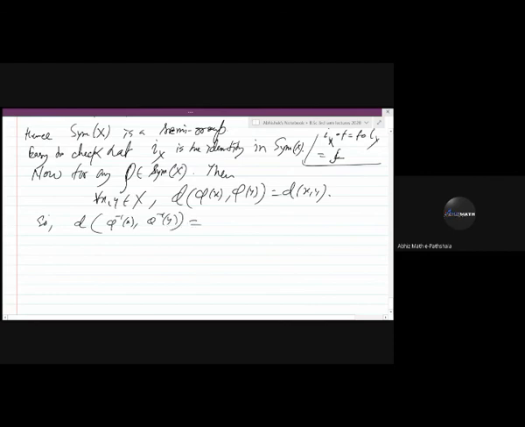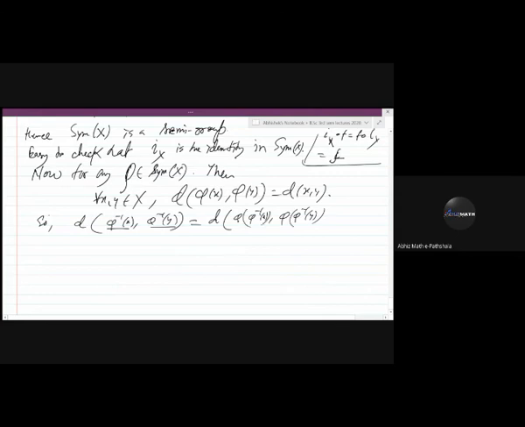Since phi inverse is a map from X to X and it is one-one and onto, these are actually elements of the geometrical figure X. So you can apply phi on phi inverse x and phi inverse y.